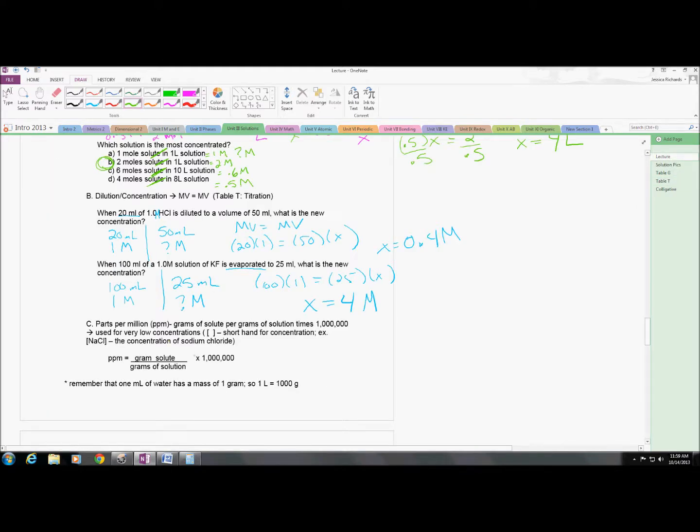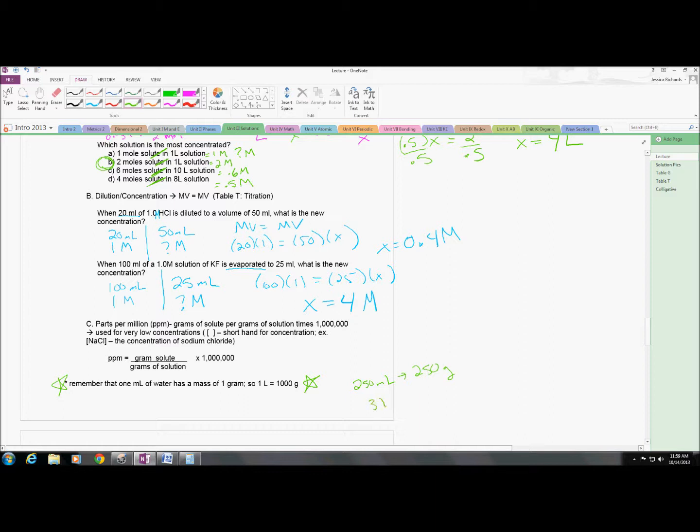So when you read the equation, you just have to figure out which is the solute and know that you're using grams of solution. Here is where you have to remember that the density of water is 1. So 1 milliliter of water has a mass of 1 gram. So if they have a liter of solution, that's 1,000 grams. If you have 250 milliliters of solution, that's 250 grams.